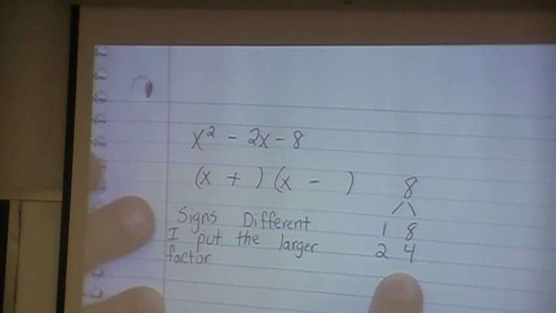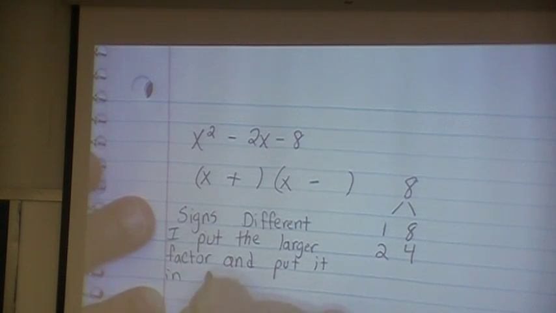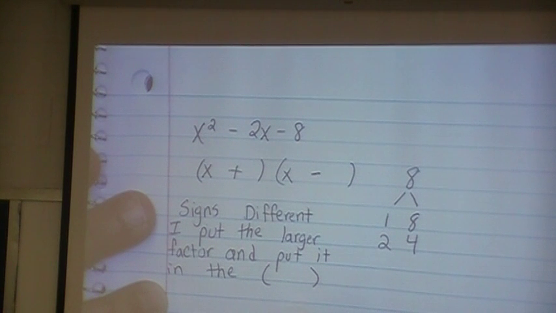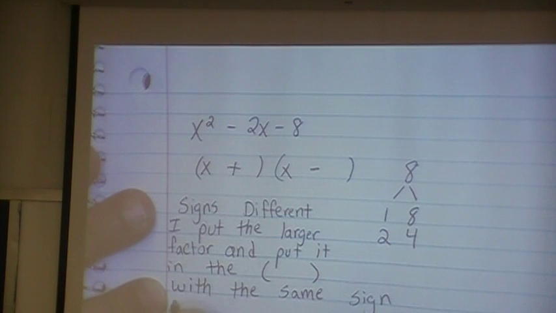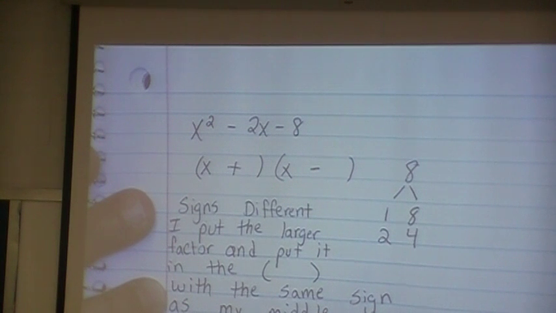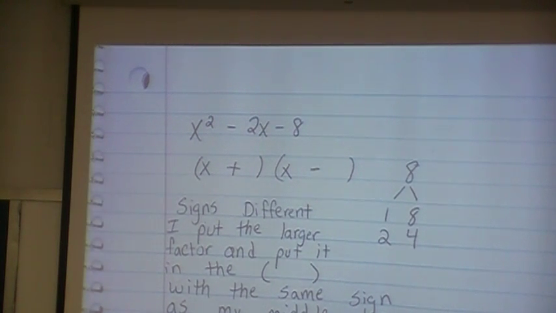I got to take the larger factor, put it in the parentheses, with the same sign as my middle term.